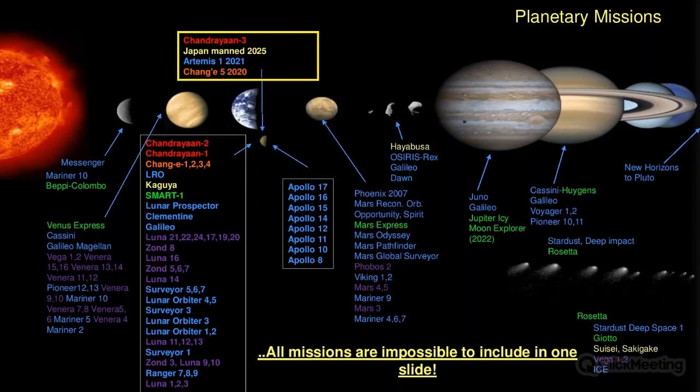So if we summarize all planetary missions, anyway it's not possible to put it on one slide. Some of them I have mentioned, with main focus on our inner planetary bodies.